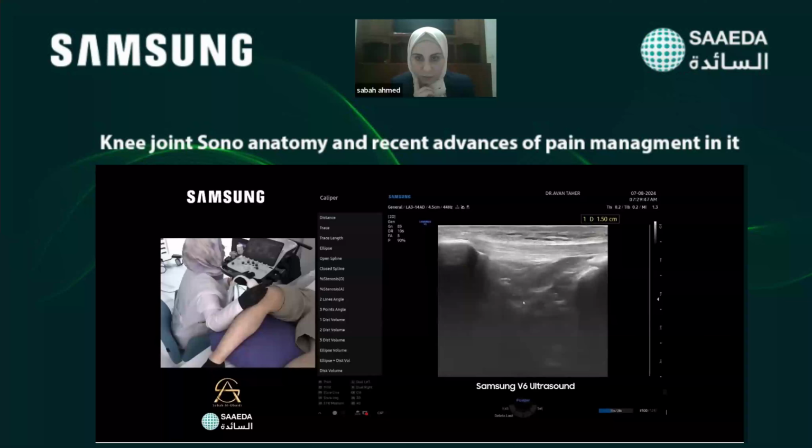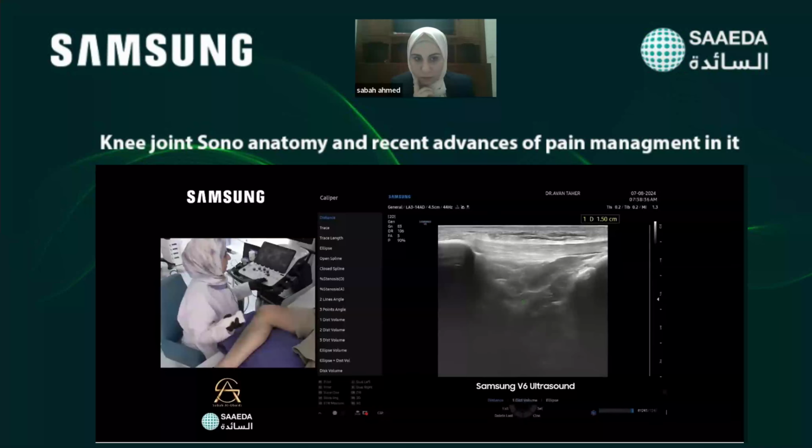But we should measure the distance of 1.5 centimeter, because the depth of the anterior cruciate ligament is at that. Sometimes a mistake can occur because Hoffa's fat pad is heterogeneous, so it appears like the anterior cruciate ligament. For that reason, we should measure the distance of 1.5 centimeter. This is regarding the anterior compartment.